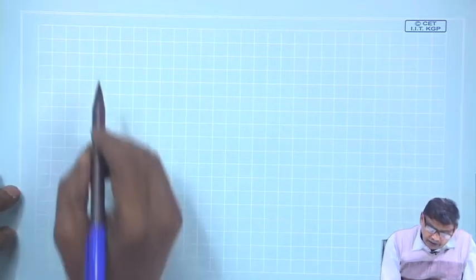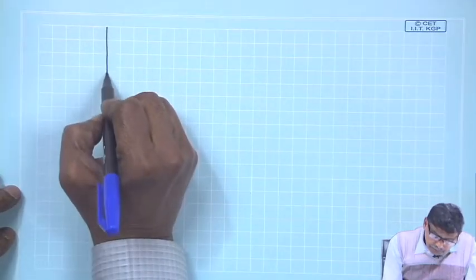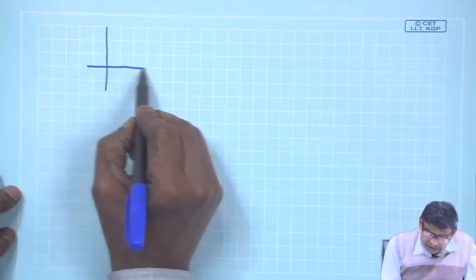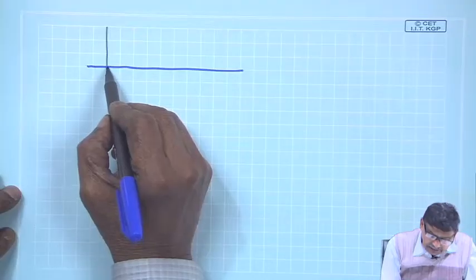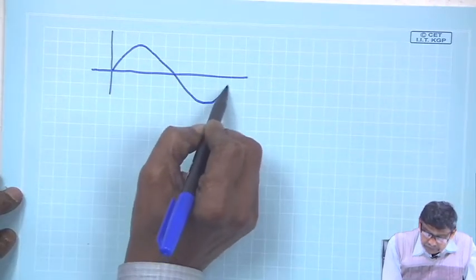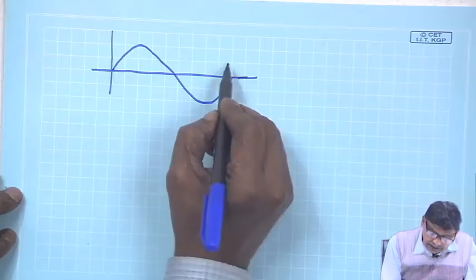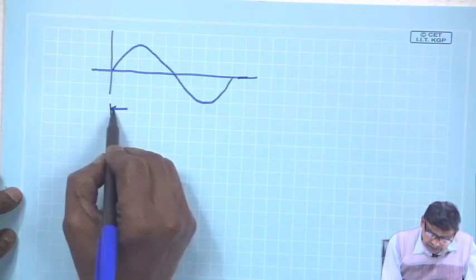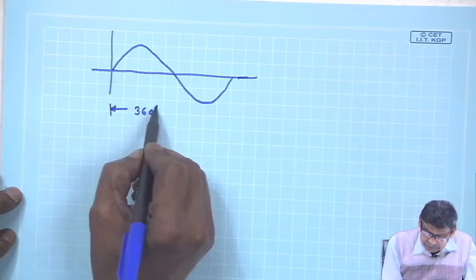The point worth noting is this, that after you are expressing everything in electrical degree, this is 180 degree electrical, 360 degree electrical.